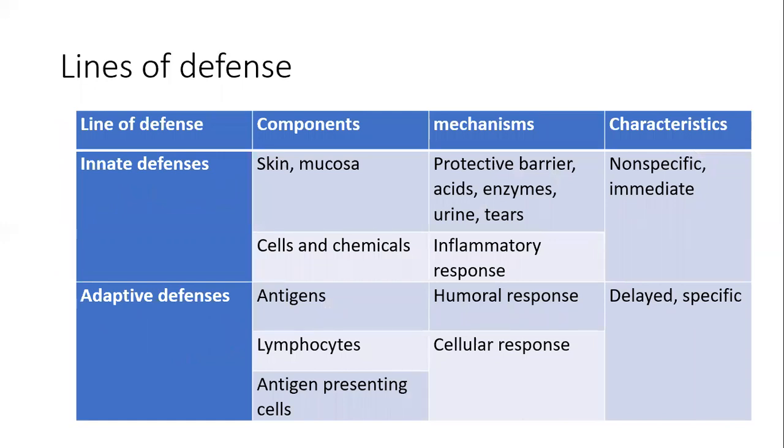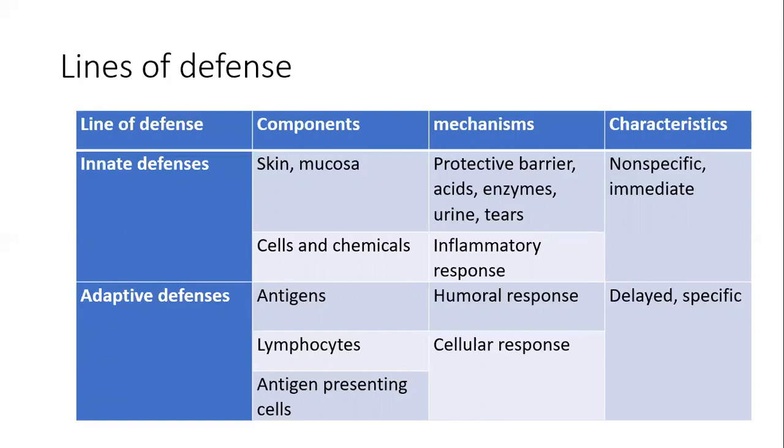So let's look at those lines of defense. In the innate defense category, the components are skin and mucosa for the first line of defense. And then for the second or internal line of defense, there are cells and chemicals. So how do the skin and mucosa protect you against infection?